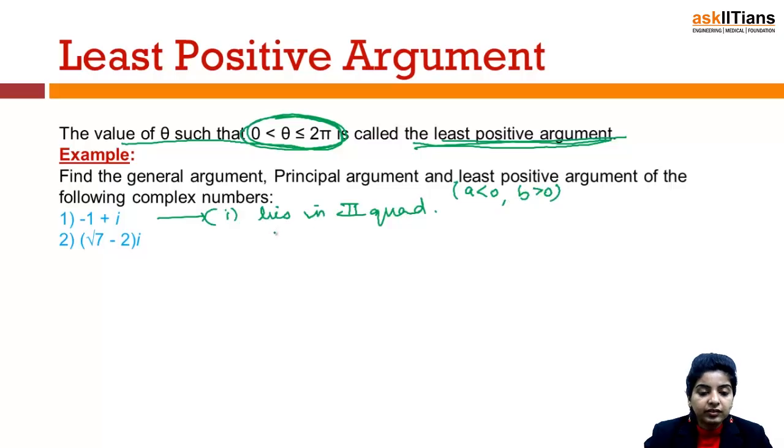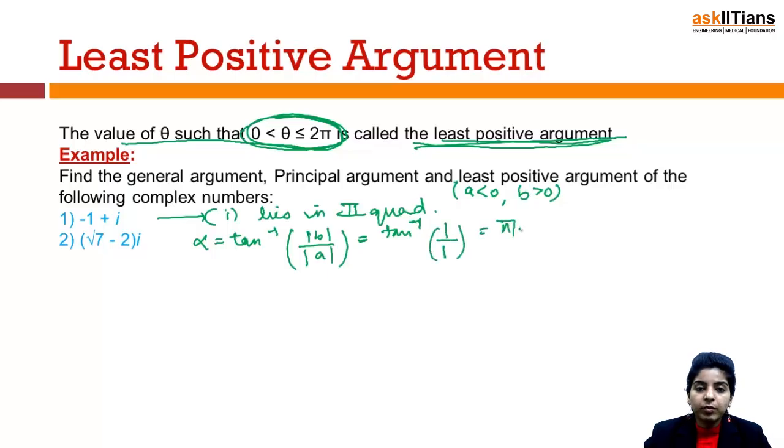Now since it lies in the second quadrant, first of all we'll find out alpha, which is tan inverse of mod b by mod a. Modulus of b is 1, modulus of a is again 1. So this is pi by 4. So alpha is pi by 4.